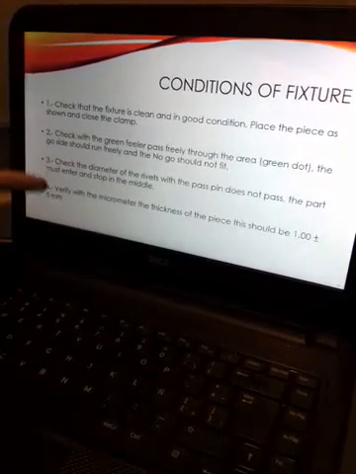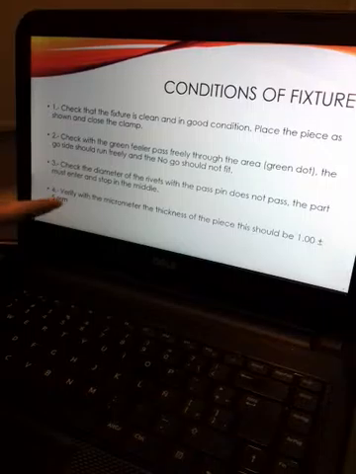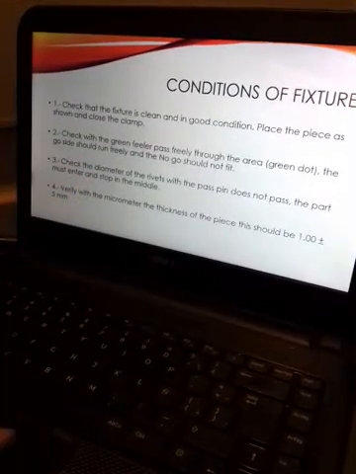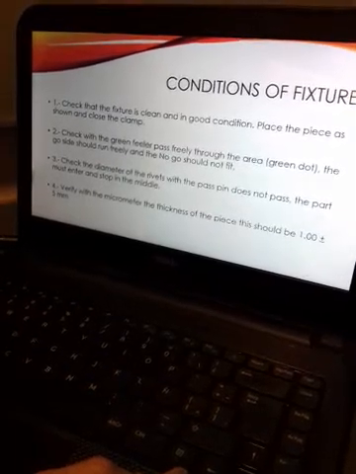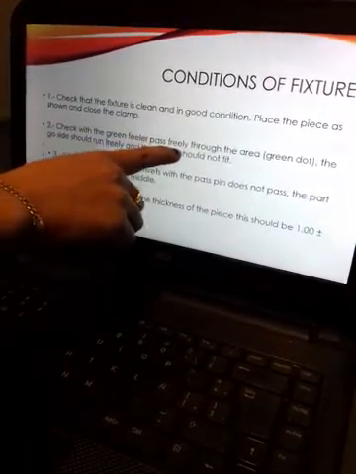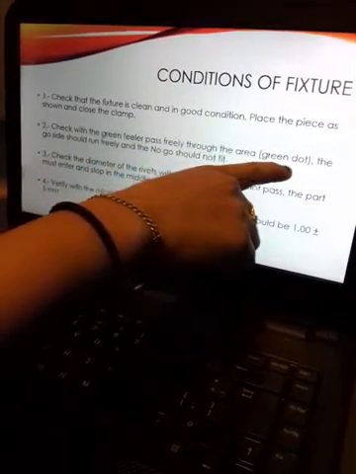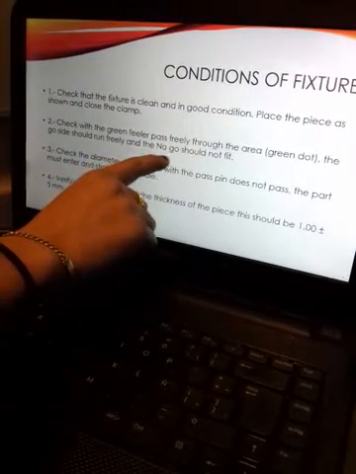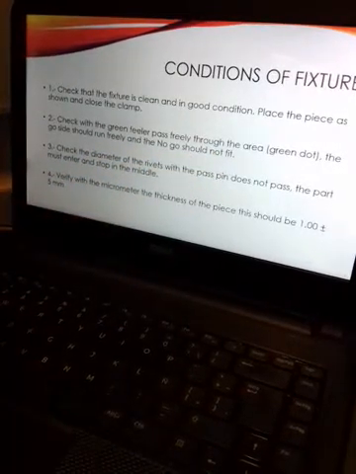This is the step that we need to check when we put the blade. Check with the green filler pass-fail tone. The go side should go in freely and the no-go should not fit.